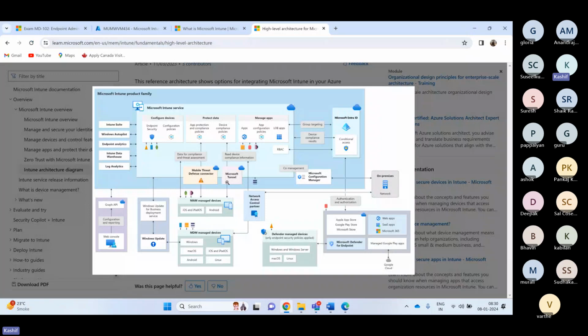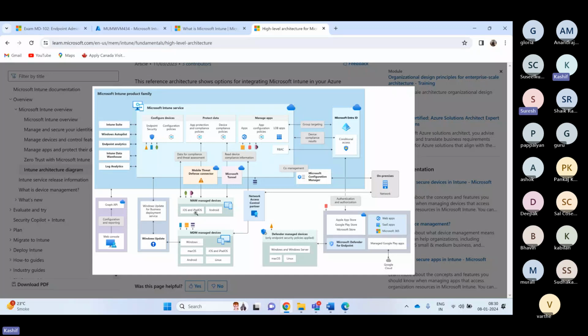But with Intune, everything is done by Microsoft. This is the design, the high level diagram. Okay. So you have MDM managed devices: Windows, Mac OS, Android, iOS, iPad, Linux. Chrome OS is missing. This is a little outdated picture basically.